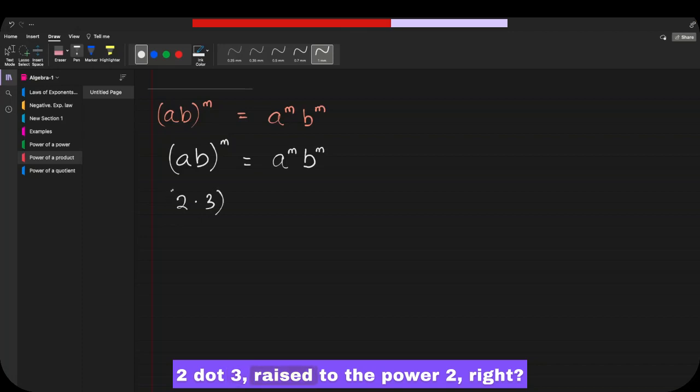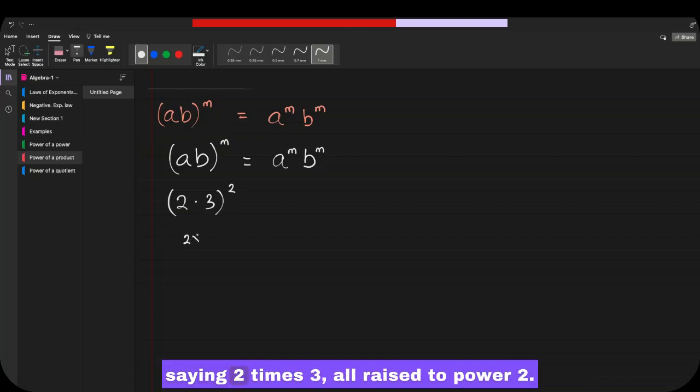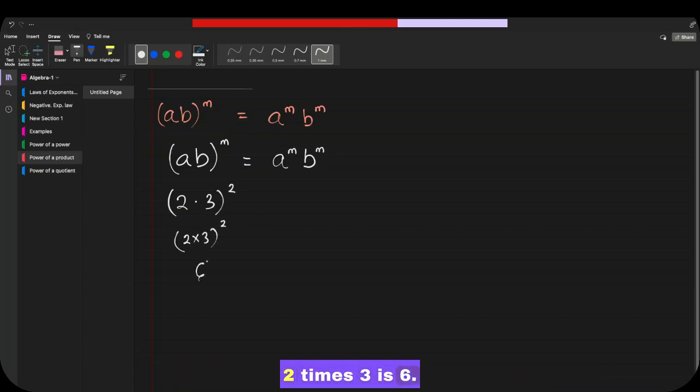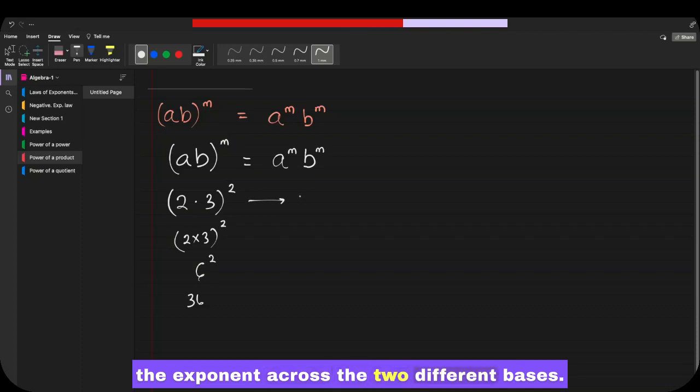2 times 3 all raised to power 2, right? So if we want to evaluate this without having a prior knowledge of this law, it means that we'll be saying 2 times 3 all raised to power 2. 2 times 3 is 6. 6 raised to power 2. That will be equal to 36. Now let's use the law. The law says that we can distribute the exponent across the two different bases.